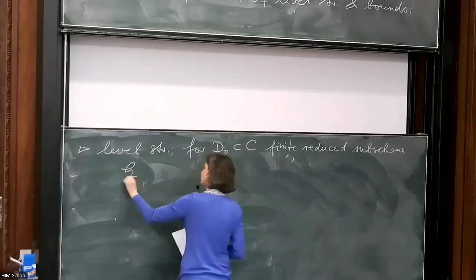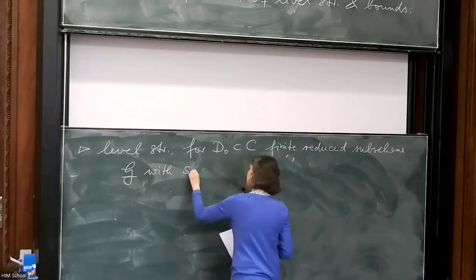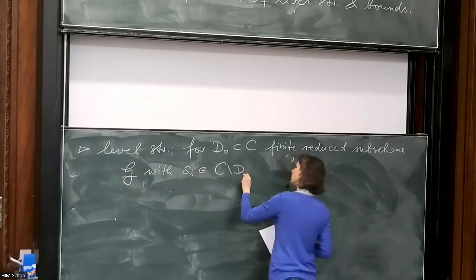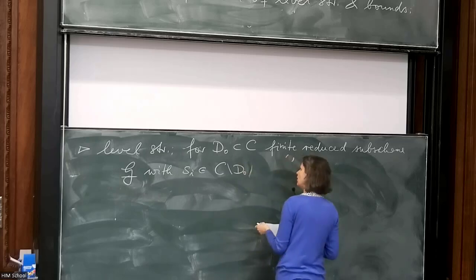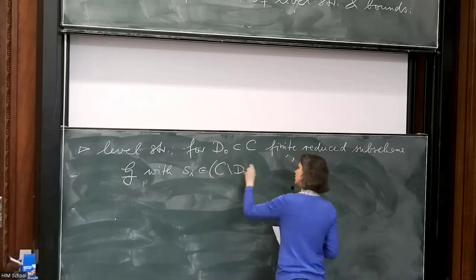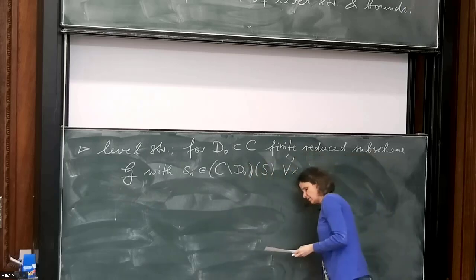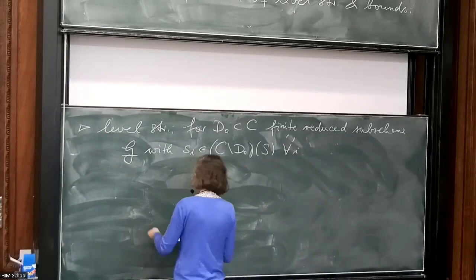Then we consider a global Shtuka such that the legs are in the complement of the set D_0.